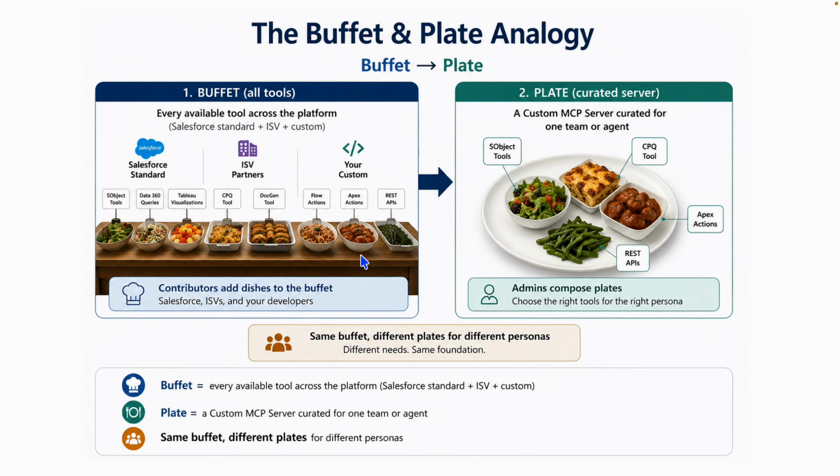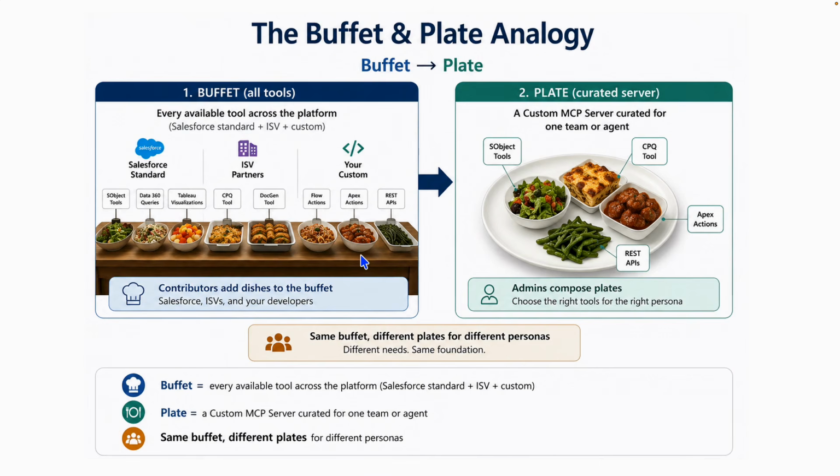ISV partners put their own dishes like the CPQ tool and DocGen tool, and your internal developer team has also put their own dishes, for example the custom flows, Apex actions, and the REST API. That's a buffet for you. Everything is available across the entire platform. Now, you don't hand someone the entire buffet, right?